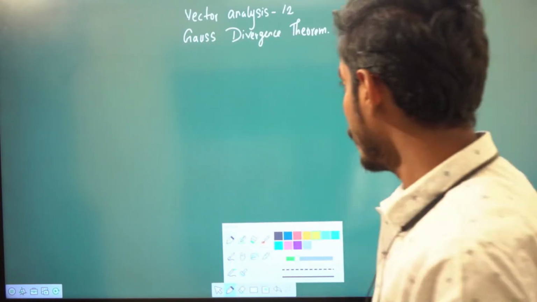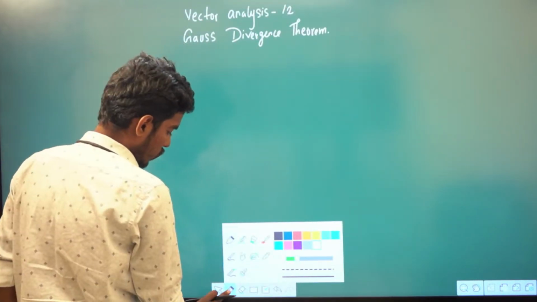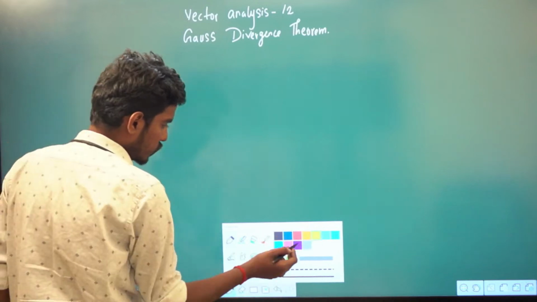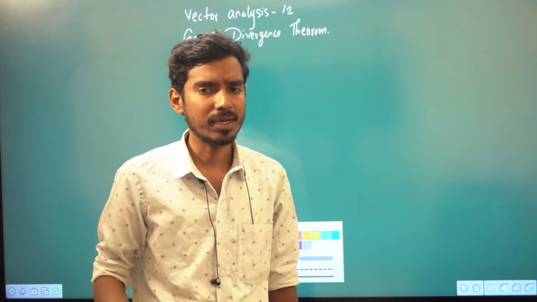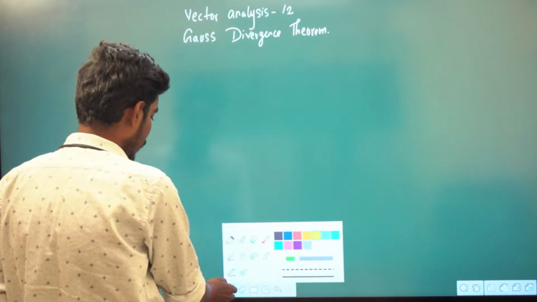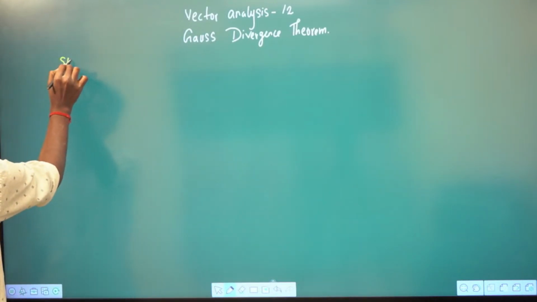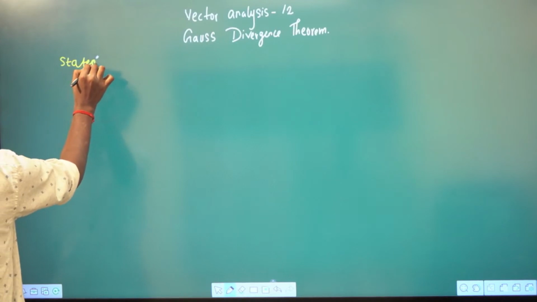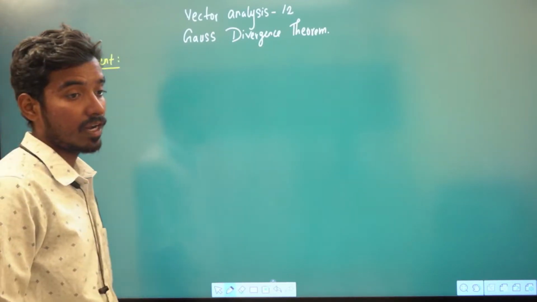Okay. So in this class, we will start Gauss divergence theorem. I think this will go for 2 or 3 classes maximum, then Stokes theorem 2 classes maximum, then the syllabus will be completed. Then we will do some practice questions or previous year's questions after that. First we will write the statement of Gauss divergence theorem.